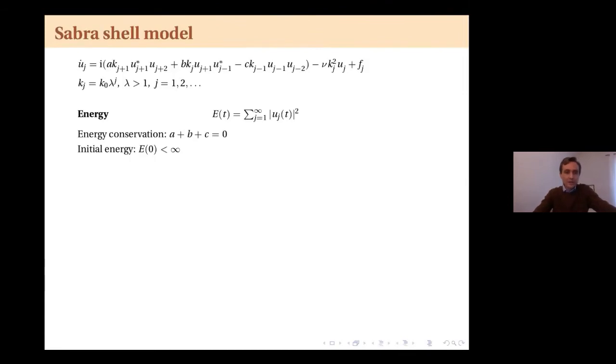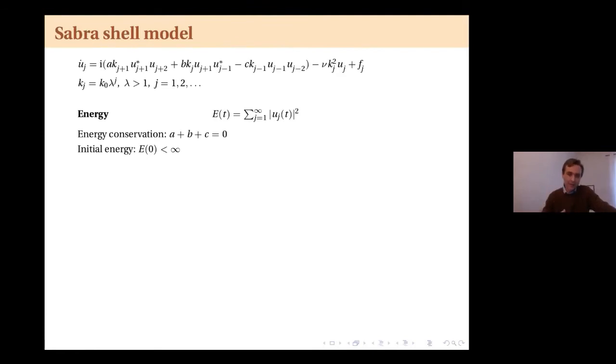Now, regarding the energy of the system, it is defined in the usual way. I'm making the assumption that the coefficients A, B, and C sum up to 0. Indeed, this implies energy conservation. Then in applications, usually additional choices are made for the values of A, B, and C, and according to the choices, one can have a laminar kind of behavior or a chaotic one.